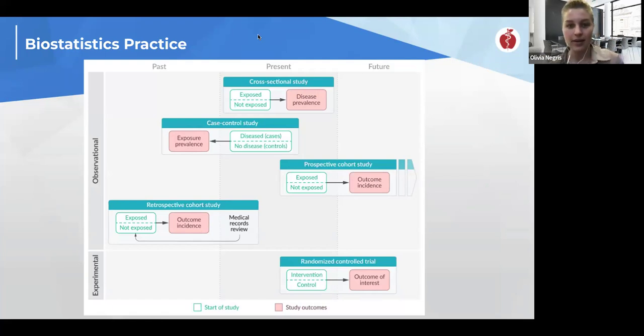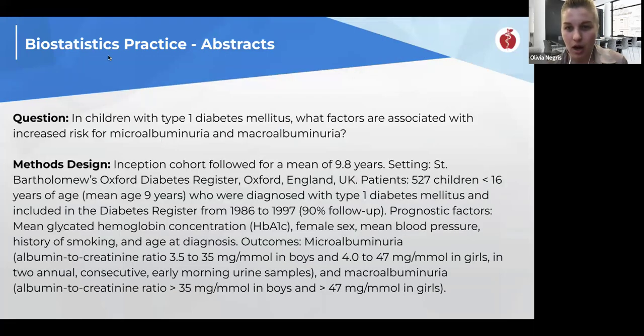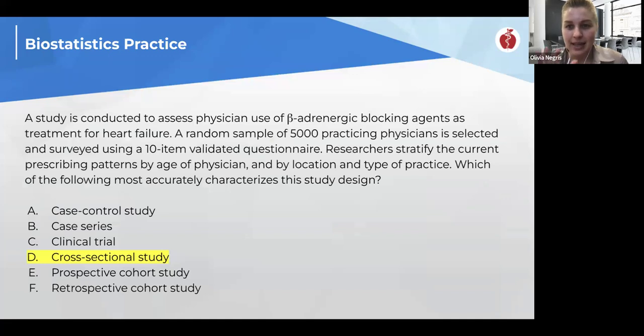That's not following participants forward. It's not taking their information and looking retrospectively. It's all happening at once. So in this case, if we could just toggle back one just to see the question one more time for folks that might have gotten this one wrong. It's asking these practicing physicians about their prescribing patterns.